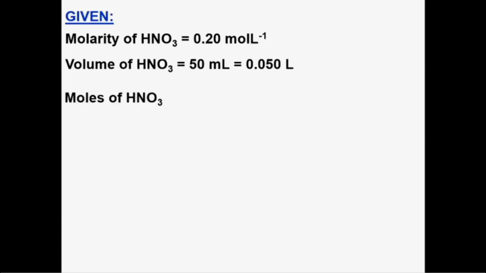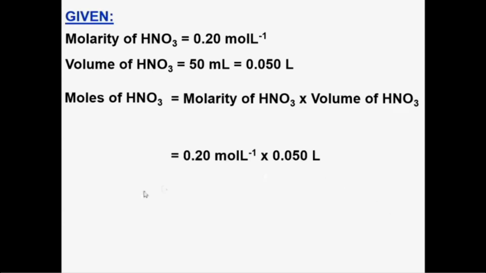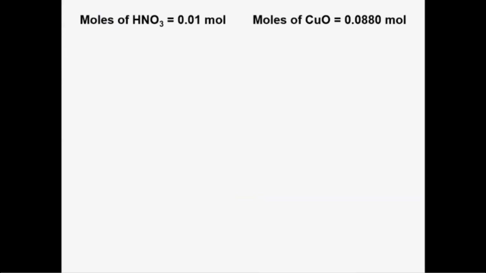Using the formula, moles of nitric acid equals molarity of nitric acid multiplied by the volume of nitric acid, we get 0.2 mole per liter times 0.05 liters, which is 0.01 mole of nitric acid used in the reaction. Now we have the 2 numbers of moles: moles of nitric acid and moles of copper oxide used in this reaction.